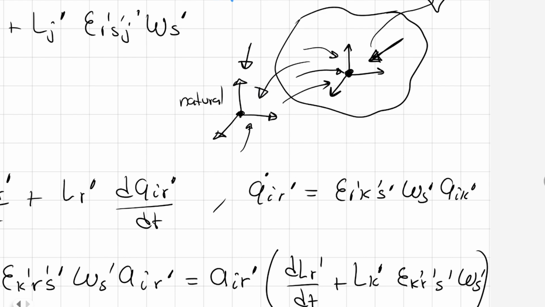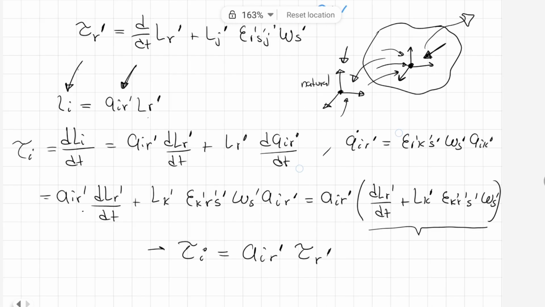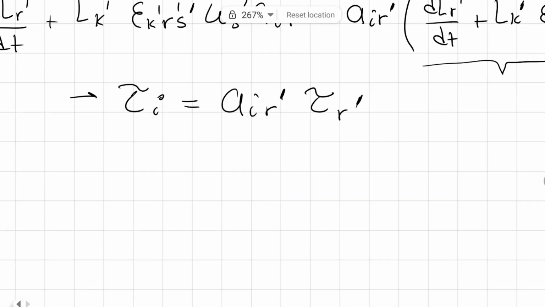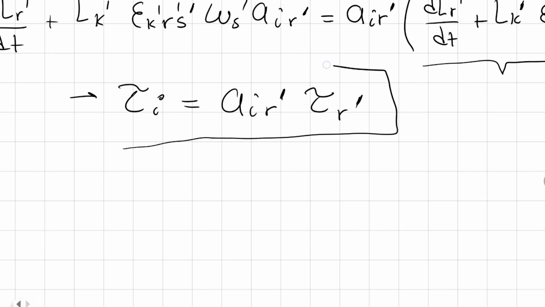That is what the matrix A does. And that matrix A is also useful to transform the angular momentum, and now we have shown that it is also useful to transform the torque of the rigid body.